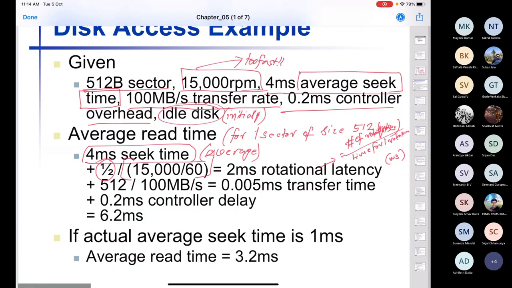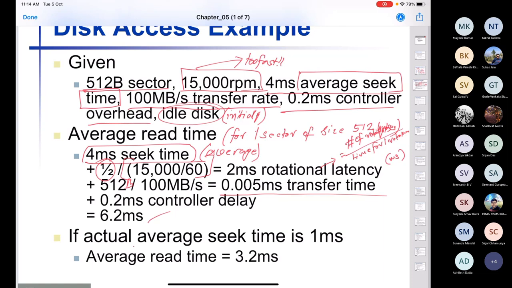Then there is the data transfer rate. I have 512 bytes divided by 100 megabyte per second, which is 0.005 millisecond. Controller delay overall 6.2 millisecond.